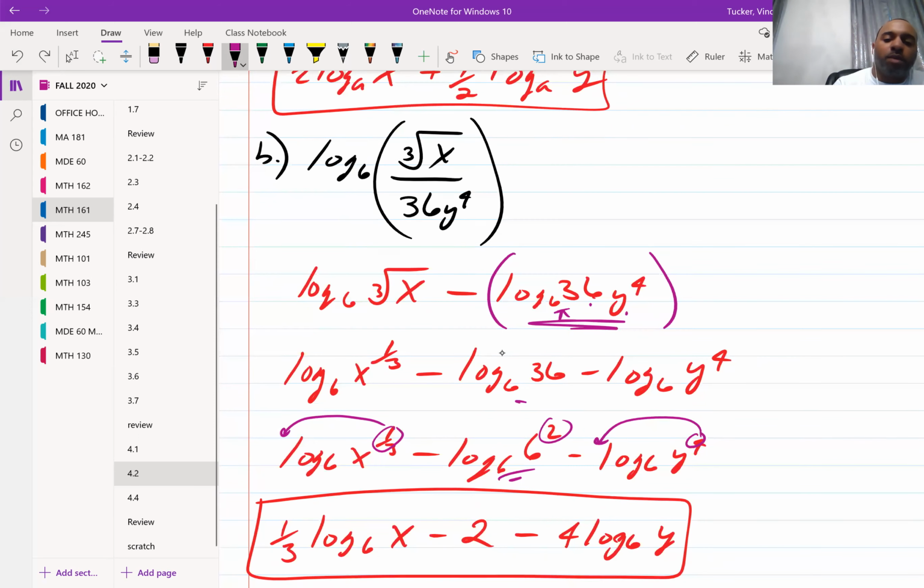But then in the middle, log base 6 of 6 to the 2nd power will reduce to just 2. All right. Questions? Any questions?